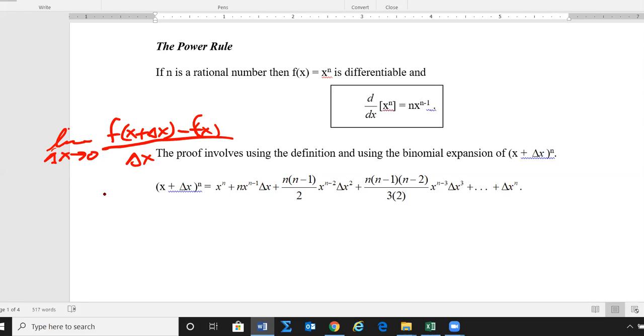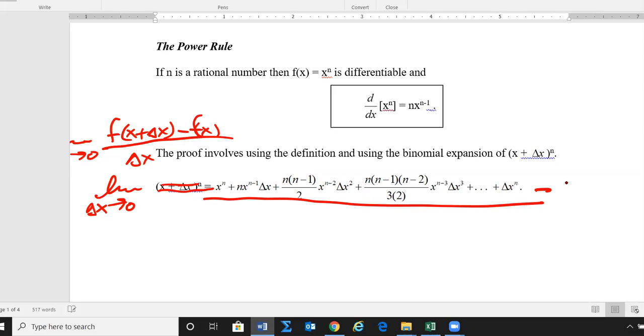That gives us this limit as delta x goes to 0. You have all of this, I'm going to just remove this, we have all of that minus x at the end, all over delta x. So I'm just squeezing this in here to save space.